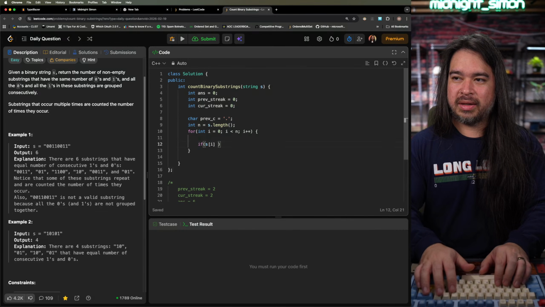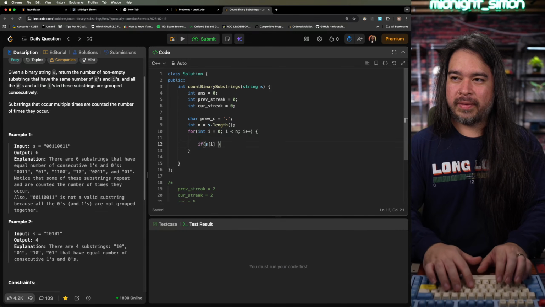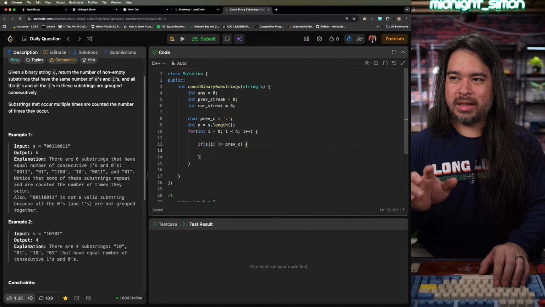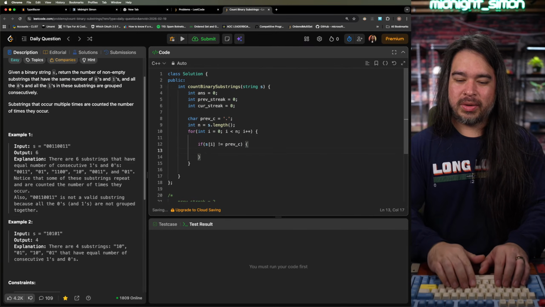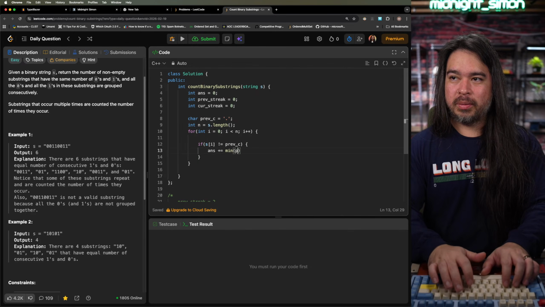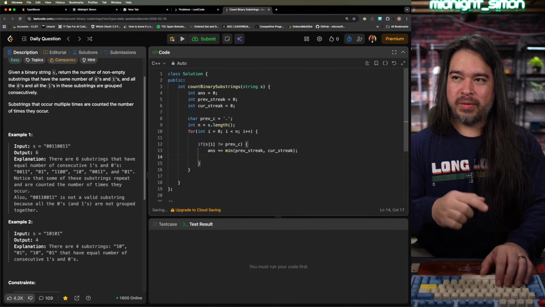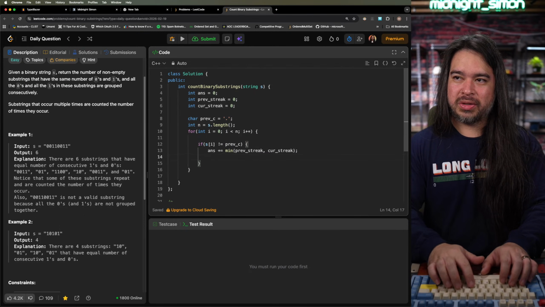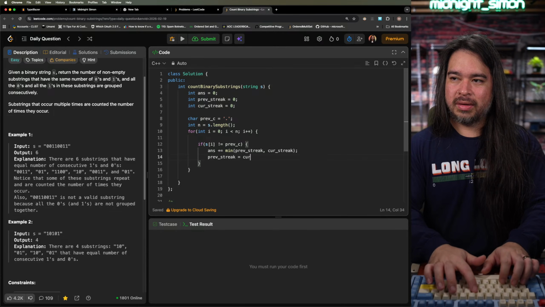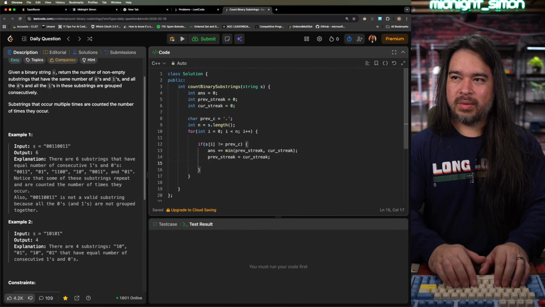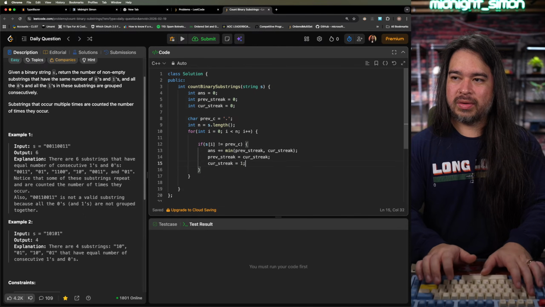And then I'm going to say if they're different: if S[i] is not equal to the previous character, then we have a broken streak, and we should add the minimum of the previous streak and the current streak. And then you move the current streak to previous, and then we can reset the current streak to 1.